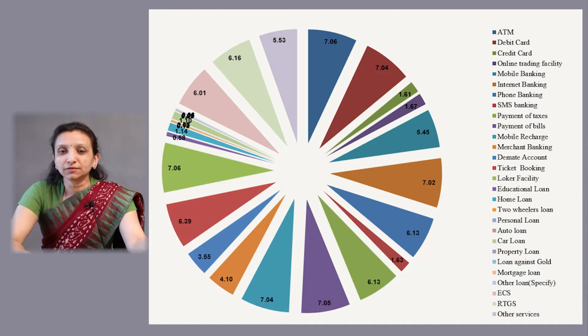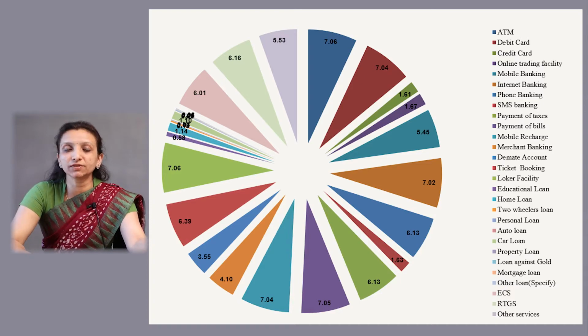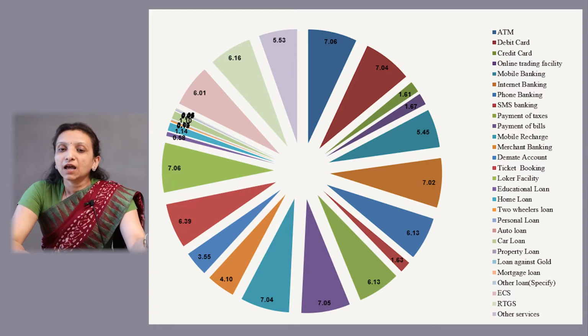Customers preferred e-banking services like ATM, debit card, internet banking, online payment of bills, and mobile recharge facilities more than all other services offered by banks. ECS and RTGS are also favorites for customers as these services are time saving and convenient.